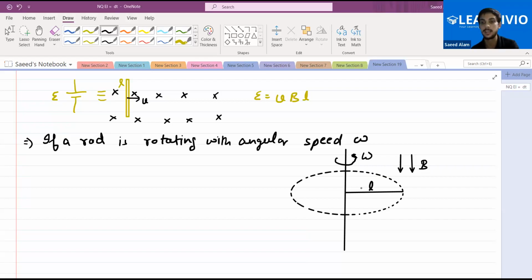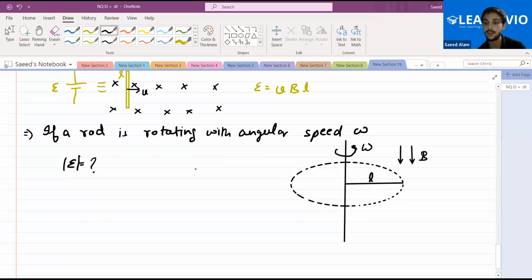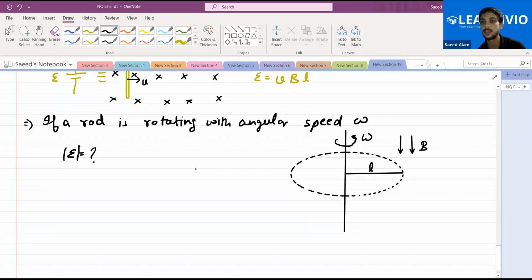So first of all, decide that EMF will be induced. Yes, exactly. Now the question is the same: what will be the EMF here? First the magnitude, and then the direction. I can give you the direct expression for how to find the direction, but I don't want you to go for things that you should just remember.